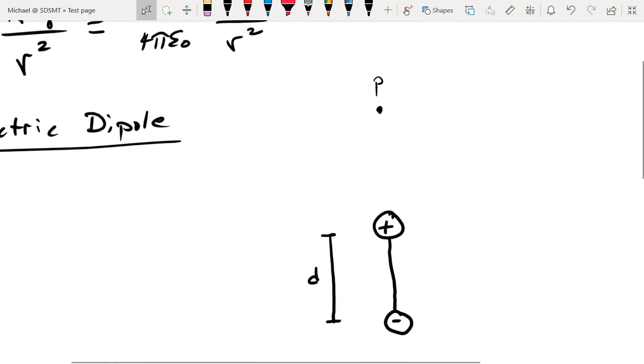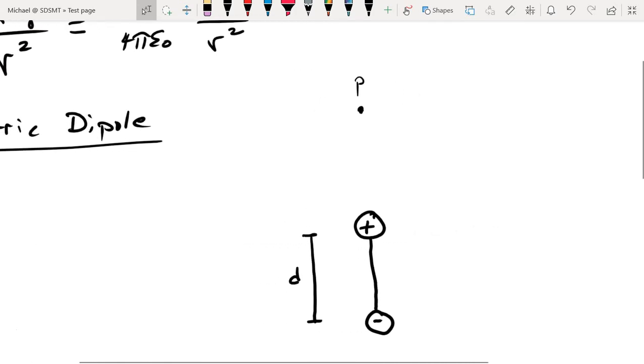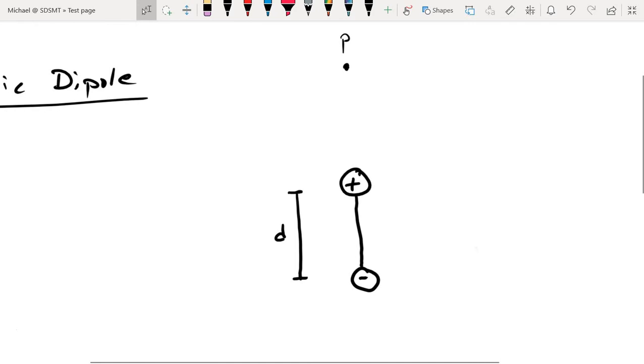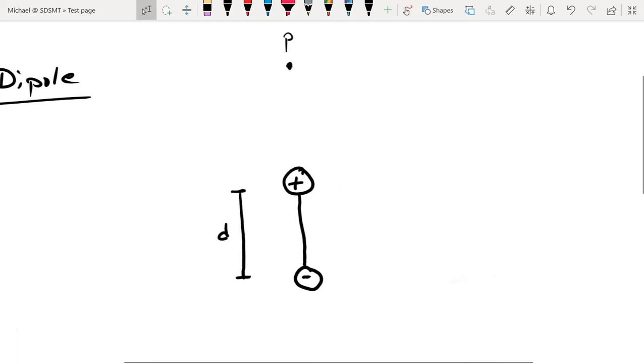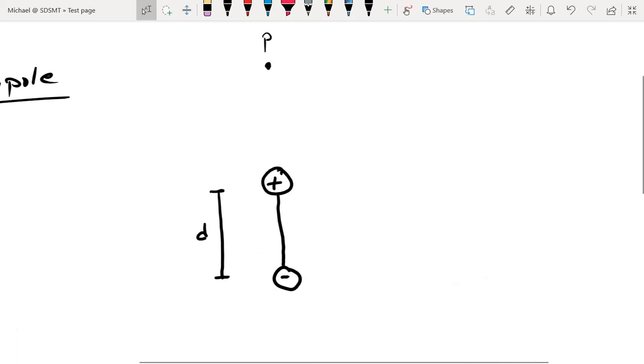Now, one good thing about this: since we only have 2 charges, we don't have to set up any complex calculus expressions to add up all the influences. We just have to add up these 2 particles.